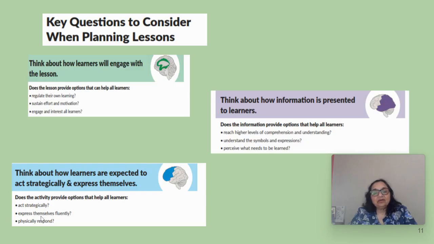Then comes our representation network. Does it provide choices that help all the learners reach a higher level of comprehension and understanding? They can understand symbols and expression. They can perceive what they need to learn.